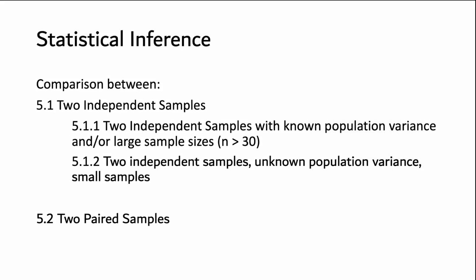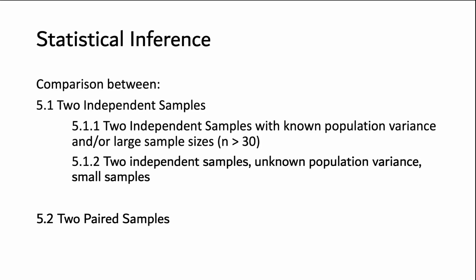The statistical inference for two samples or two populations can be divided into two. First, when we have two independent samples, and the second is when we have two paired samples. The cases when we have two independent samples can also be divided into two.